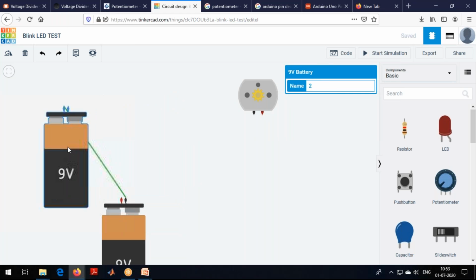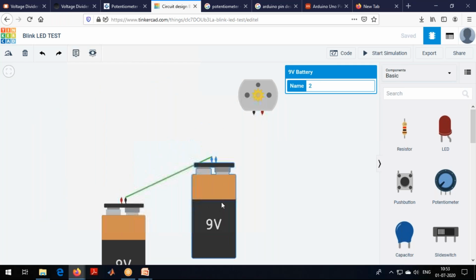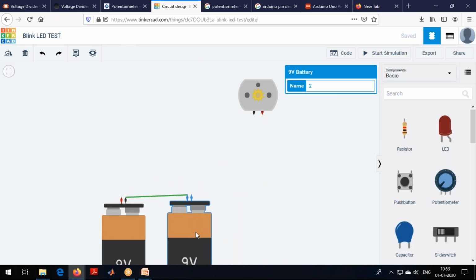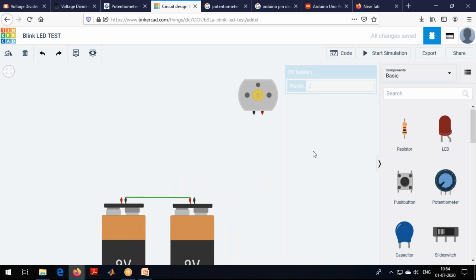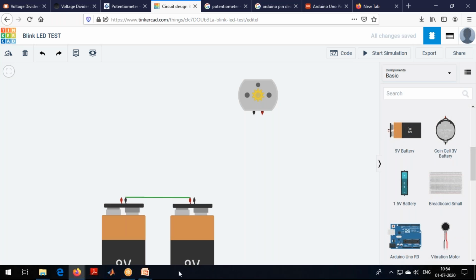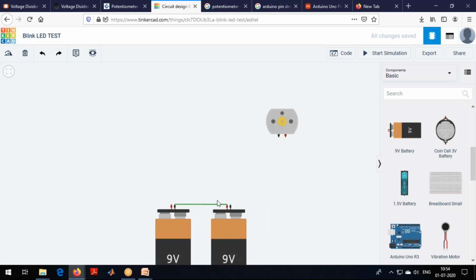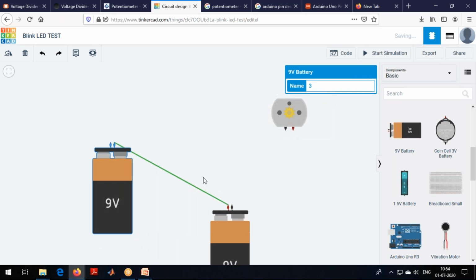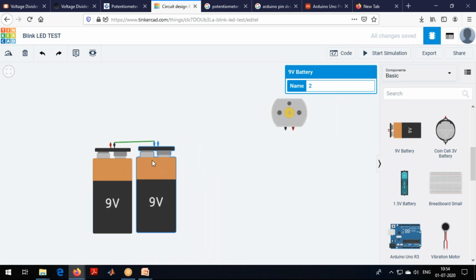See here, we are connecting in series. By connecting in series, we have seen in the multimeter that when I connect these two in series, it's giving 12 volts, right? Okay. Now I'll take a potentiometer.